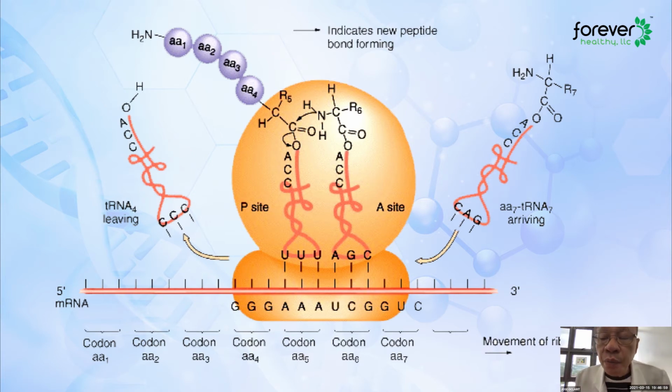So take note, only one specific amino acid is picked up by a specific transfer RNA. Since there are 20 different amino acids, there are also 20 different types of transfer RNA.